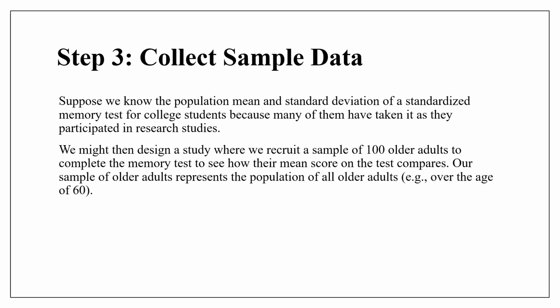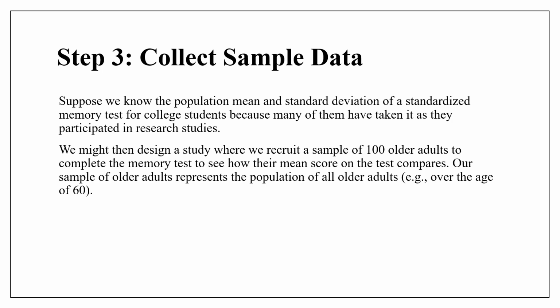Our third step would be to collect data. In this case, let's suppose that we know the population mean and the standard deviation of a standardized memory test for college students, because many of them have taken it as they've participated in research studies. So again, we are making the assumption that we have population parameters for our college students.